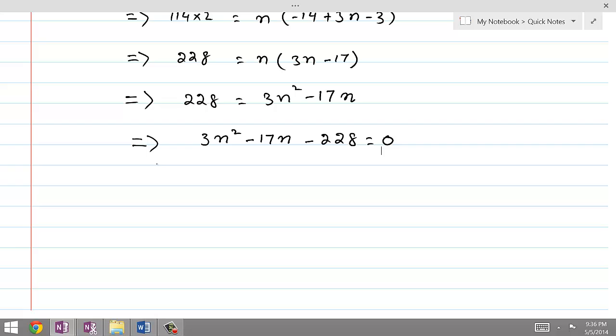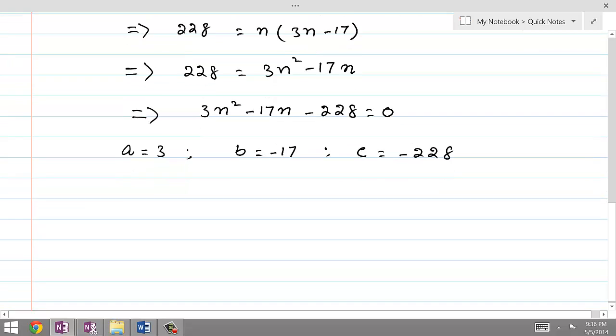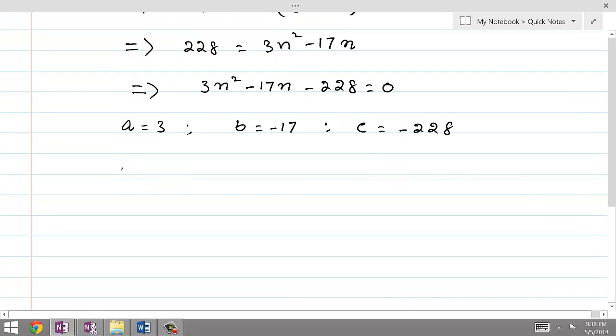Let's use the quadratic formula. The coefficient of n squared will be a, which is 3. b is the coefficient of n, which is -17, and c is equal to -228.